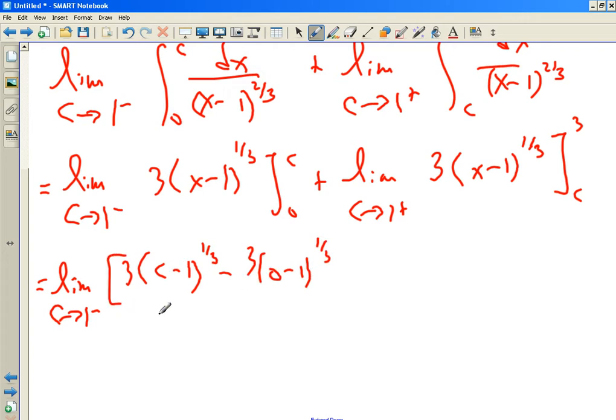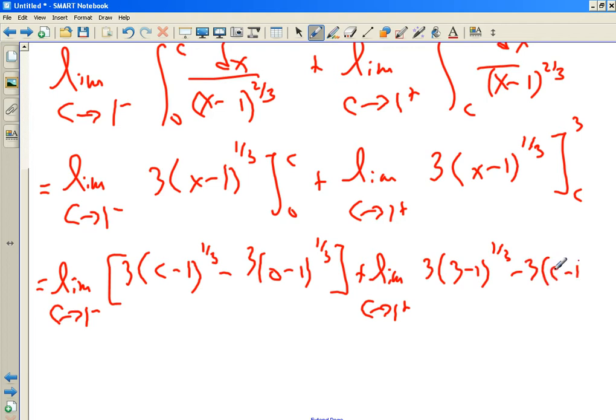This whole thing is being modified by this limit operator. Plus the limit as c approaches 1 from the right of 3 times (3 minus 1) to the 1/3 minus 3 times (c minus 1) to the 1/3. And this limit operator is modifying all of this.